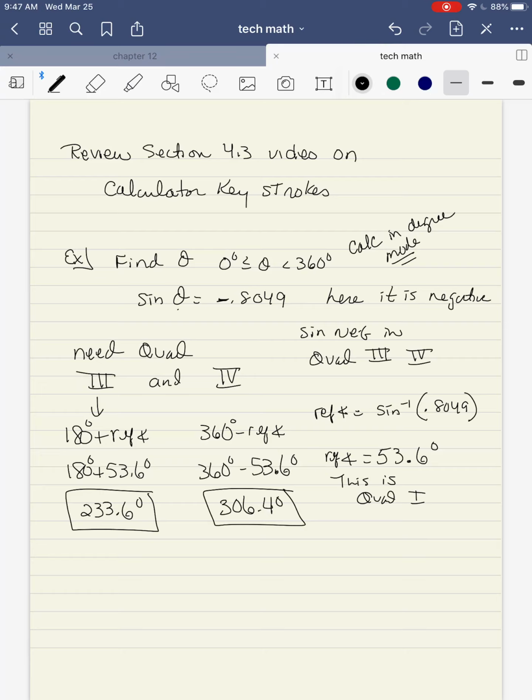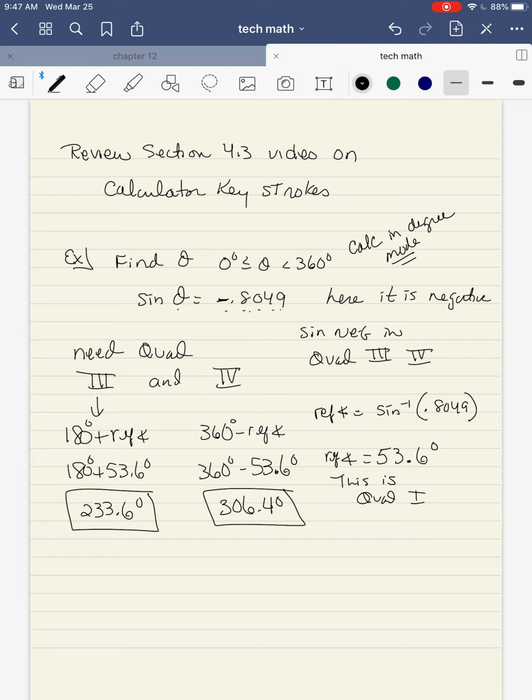Because I see theta and I have the ratio of the two sides as a negative 0.8049, I have to use inverse sine to calculate the reference angle. I want to use the positive number, not the negative number. Otherwise, if I use the negative number, it's going to give me an angle other than the first quadrant. So if I take the inverse sine of positive 0.8049, it gives me a quadrant 1 angle, which is the reference angle, at 53.6 degrees.